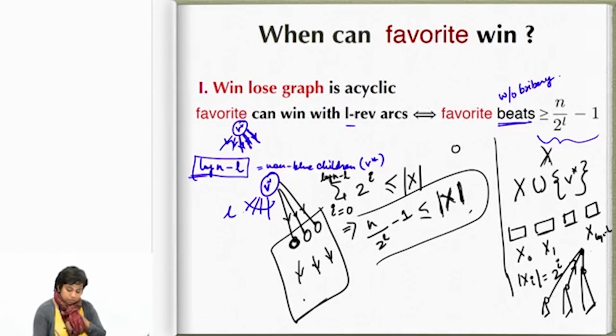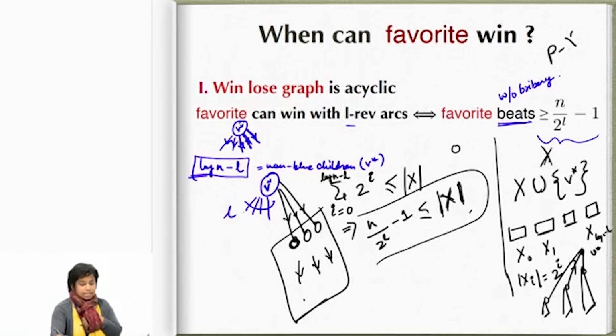And for the rest of the set, which is the vertices in D minus X, create the other SBAs of whatever the remaining size is. It does not matter who the parent is. Over here I have created log n minus L SBAs, and over here you create L SBAs of appropriate size, right?